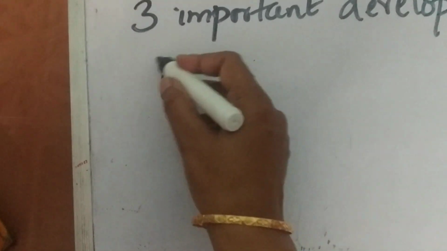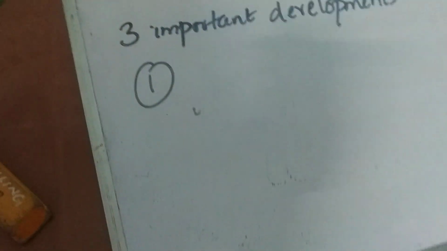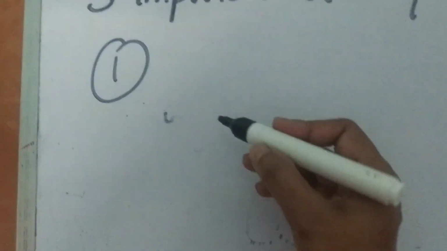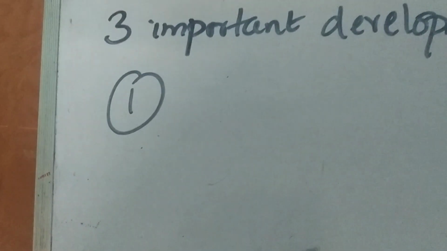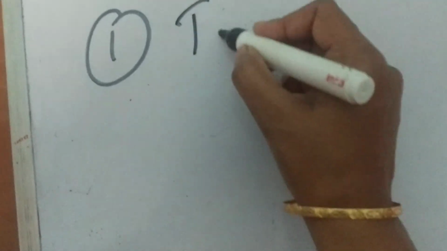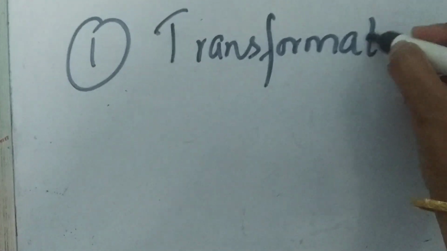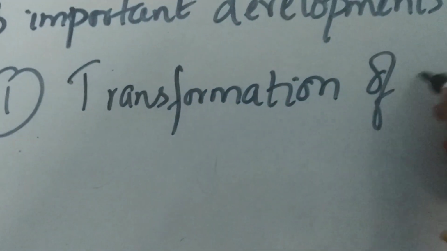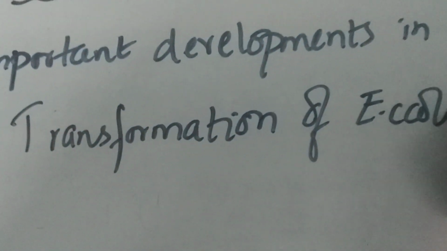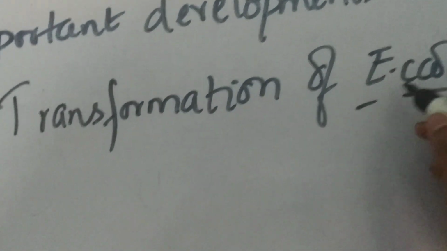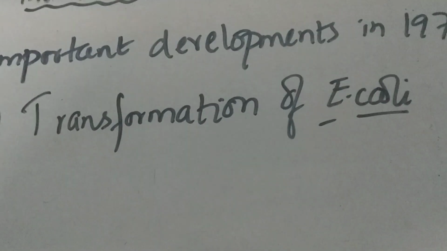The first one was scientists were able to do transformation of E. coli successfully.